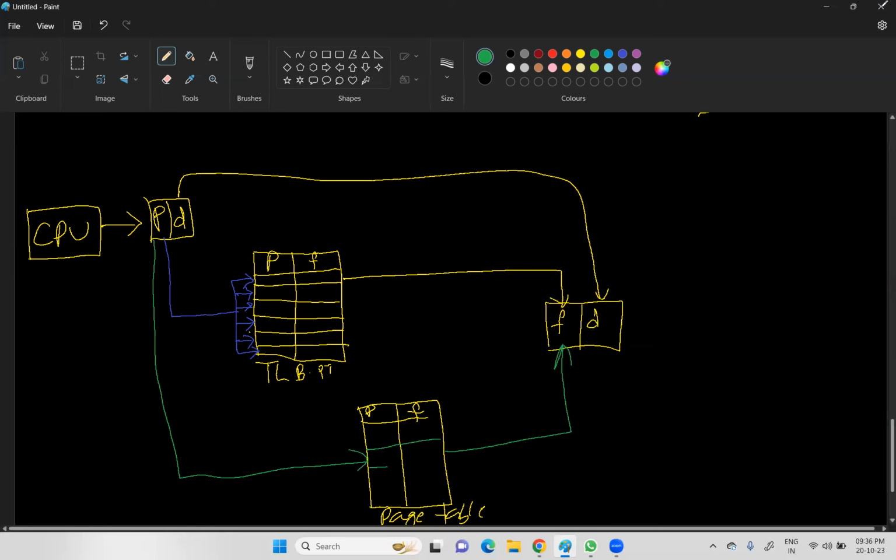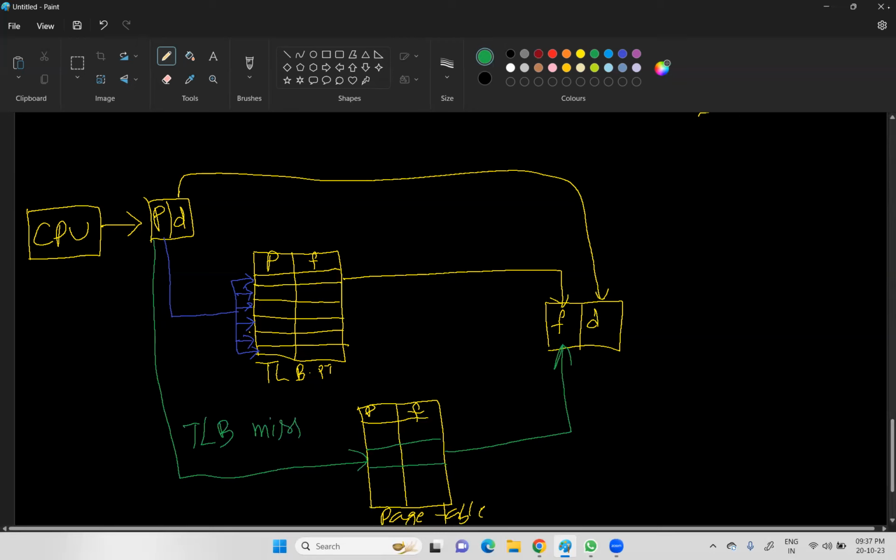Why could it be done here? If the page number what the CPU wants to execute doesn't exist in TLB, then it is looking forward to the page table.